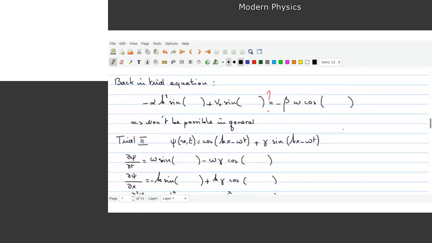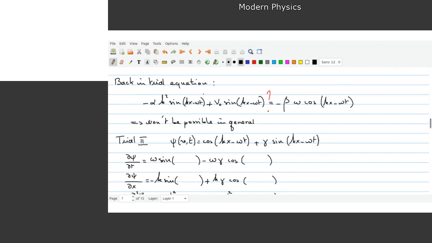Let's see if it works. On the left side of the equal sign we have this one. Everything here is kx minus omega t, and here also.